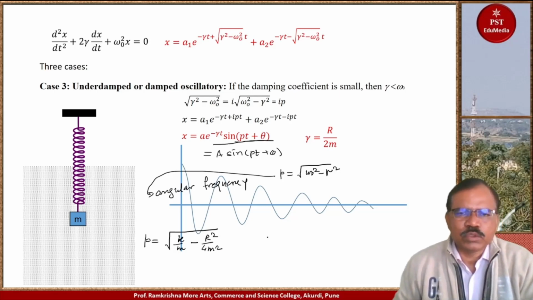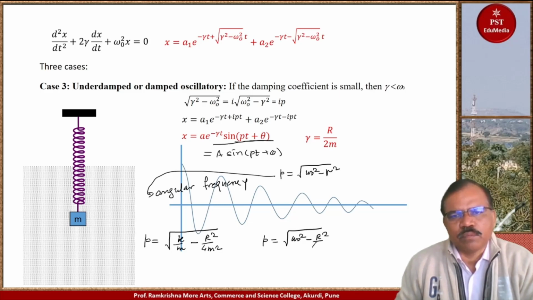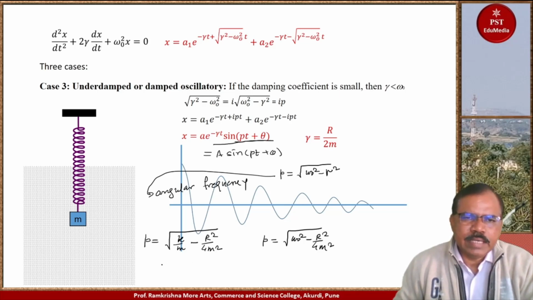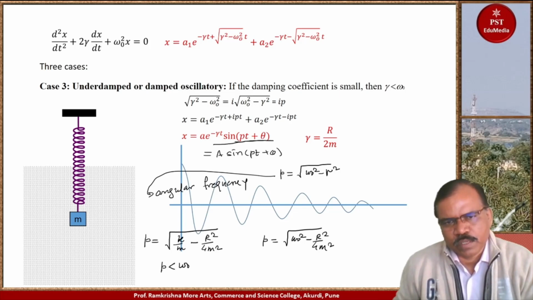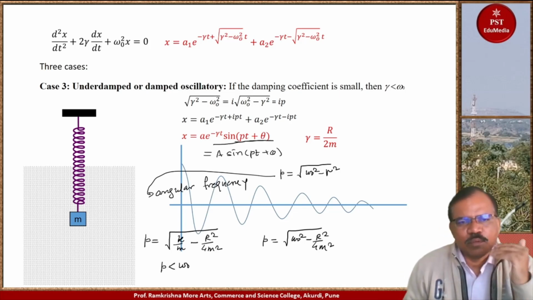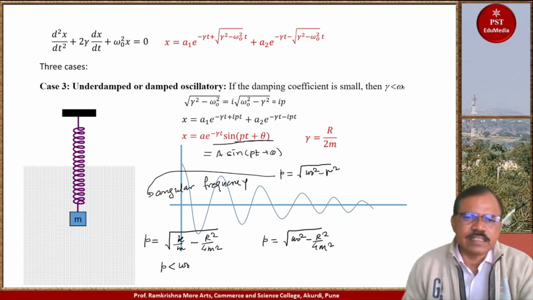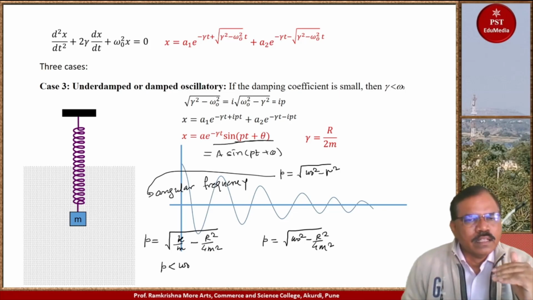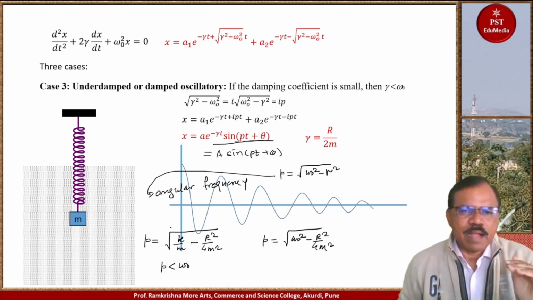So I can write p is equal to square root of omega 0 square minus r square upon 4m square. Now p is less than omega 0. So the angular frequency of damped oscillations is less than the frequency of undamped oscillations.